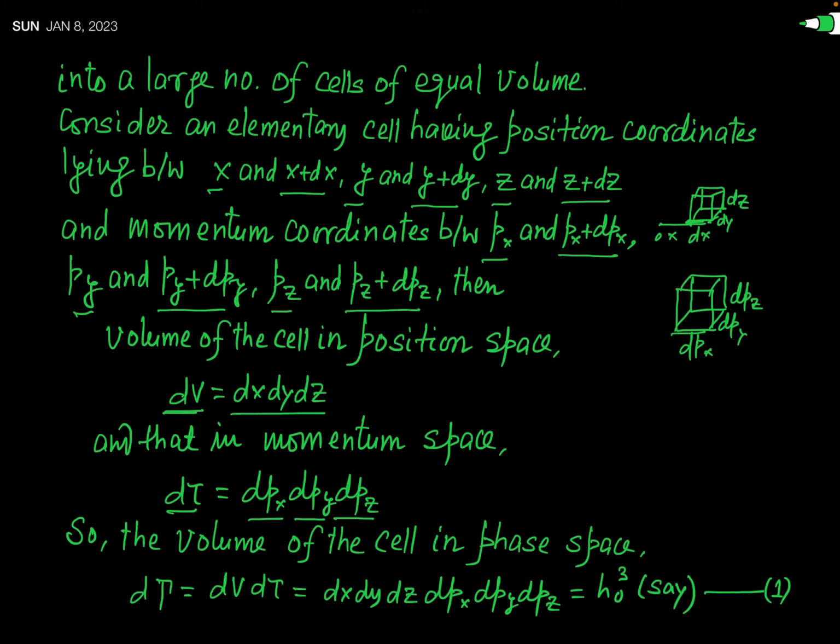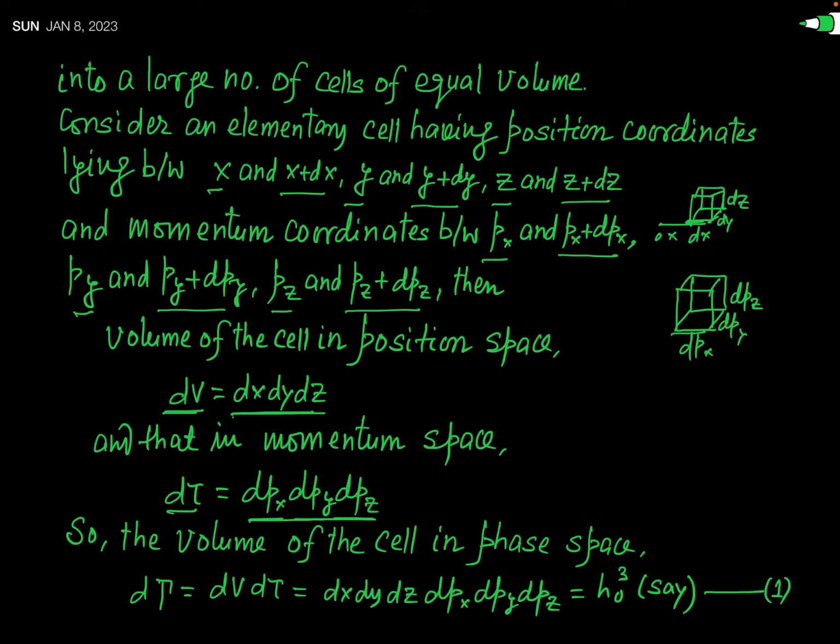So you can say that we have considered a volume element or a cell in the phase space whose volume in position space is dx dy dz, and the volume of the same cell is dpx dpy dpz in momentum space.